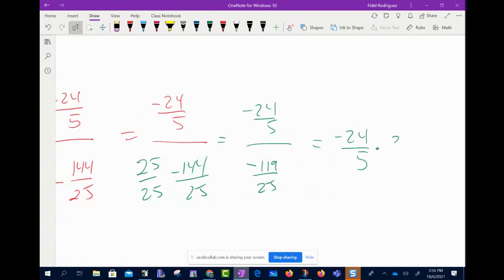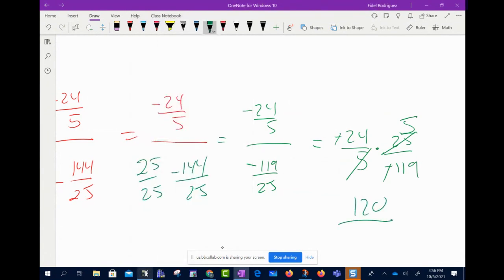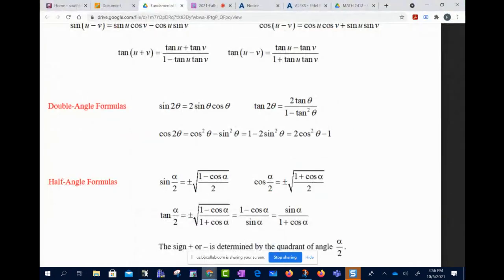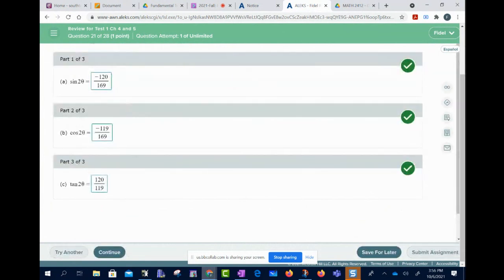So that's 25 over a negative. Y'all agree first off, negative and negative cancel? 5 goes into 25, so we're going to take 24 times 5. Go slow, I know I'm probably going too fast, so I'm going to slow it down. 120 over 119. Here's my answer. 120 over 119. We're going to go check.